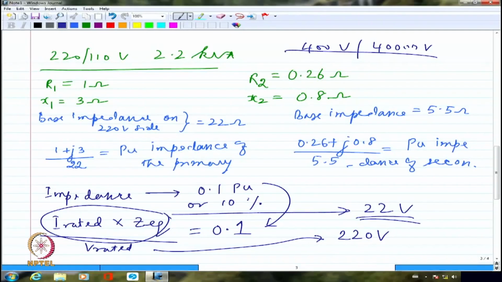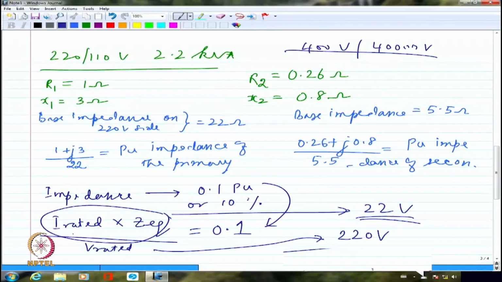One of the problems in the tutorial sheet, I think, had given percentage impedance is 10% or something like that, which actually indicates this. I rated times Z equivalent divided by V rated for any side, whichever side it is, is 0.1. That's what it means. So similarly, I should be able to say I rated square multiplied by R equivalent divided by the overall kVA rating will give me percentage resistance.